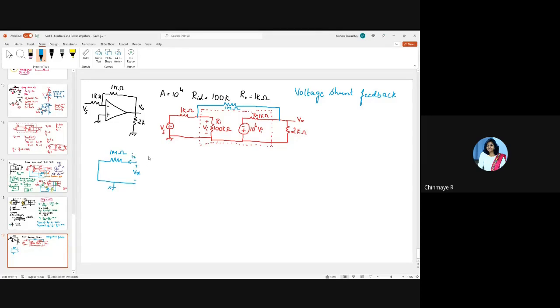So then Rx, which is the effective resistance on the output side of the op-amp due to the feedback resistor, is calculated as Vx by Ix. Correct? Now, how much do you think it is? Can you reply in the chat box? What's Rx? So what's the effective resistance seen from the output side due to this feedback resistor 1 mega ohm?